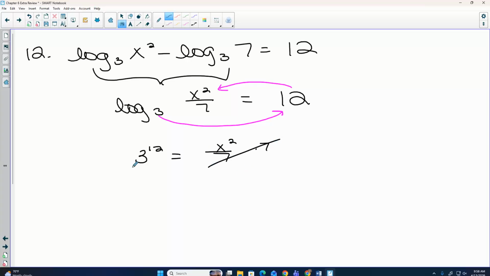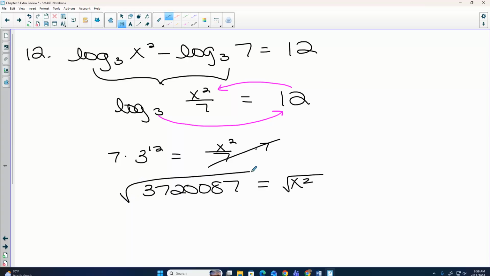So multiply over our 7. This is a massive number. How do we get rid of a square? With that, you would do plus and minus, but we can't have negative arguments, so it's just the positive.